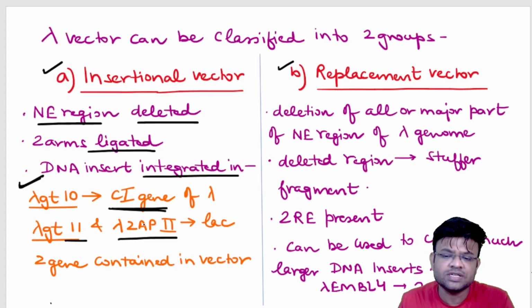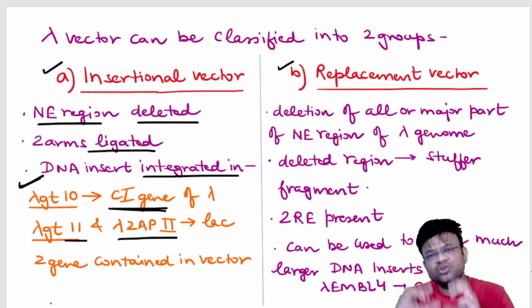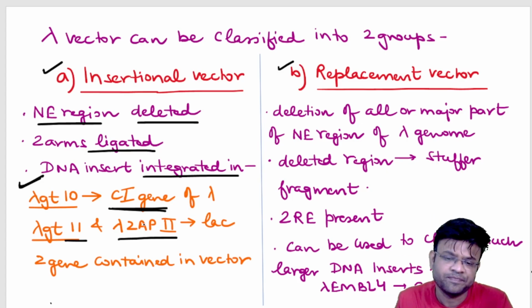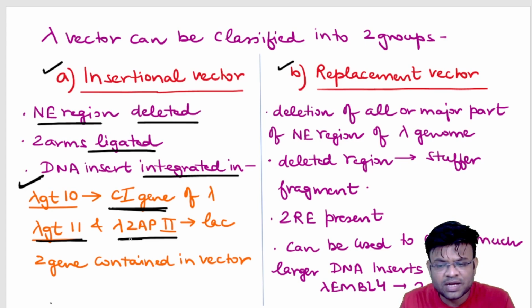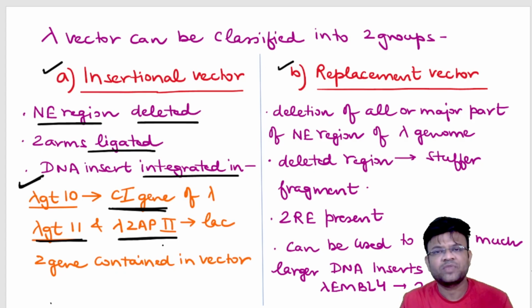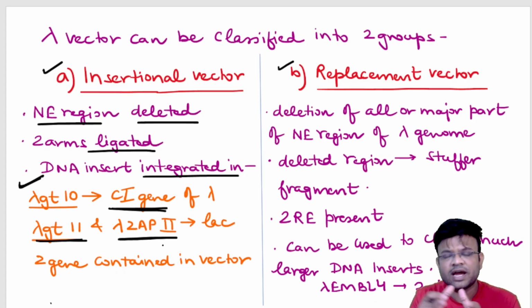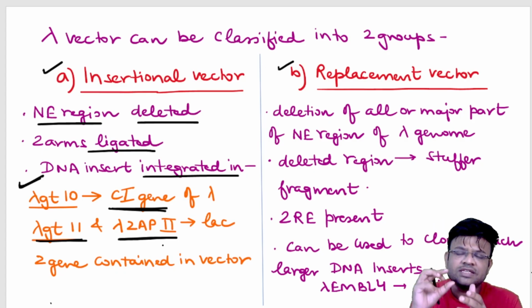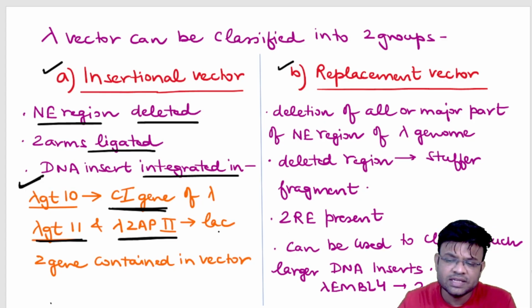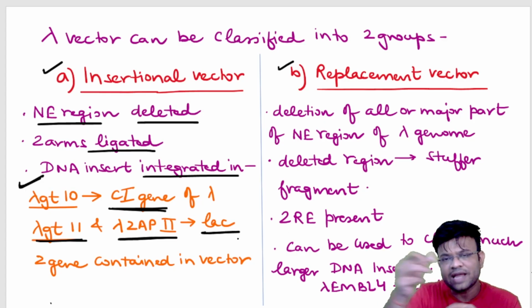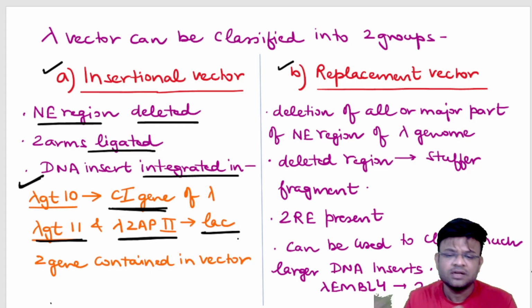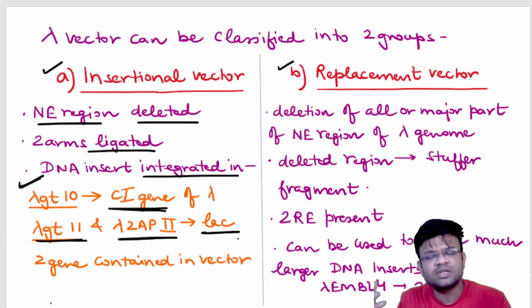In this cI gene, you can insert your gene of interest. Similarly, in lambda GT11 or lambda ZAP2, you can insert your gene of interest inside the lac gene. So this was about the insertional vector.